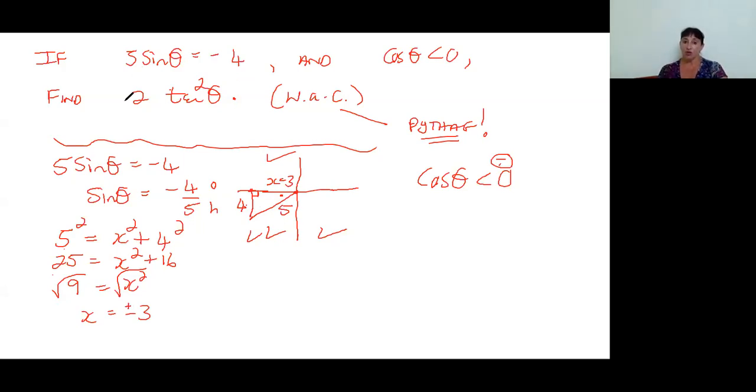Right, now I'm trying to find 2 tan squared theta. Right, 2 bracket squared. Whenever I have a trig function to a power, I put a bracket and I put the power outside the bracket. And then I work out tan of theta. So if I look at my angle, my reference angle, I go tan is opposite over adjacent.